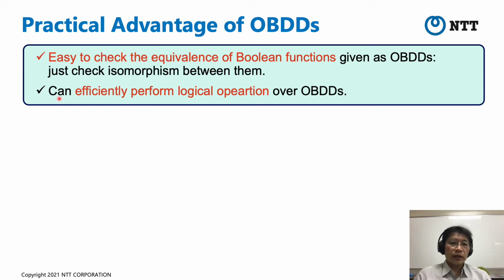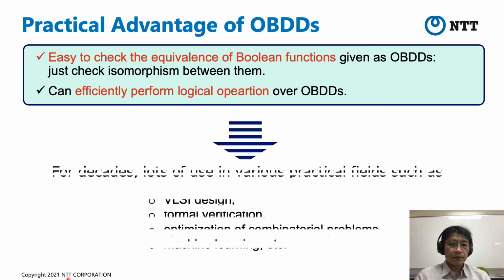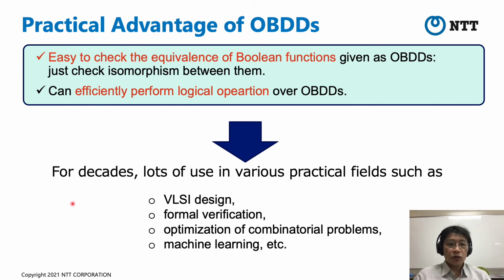And we can efficiently perform logical operations such as AND or OR over OBDDs. So for decades, OBDDs have been used in various practical fields such as VLSI design, formal verification, optimization of combinatorial problems, and machine learning.